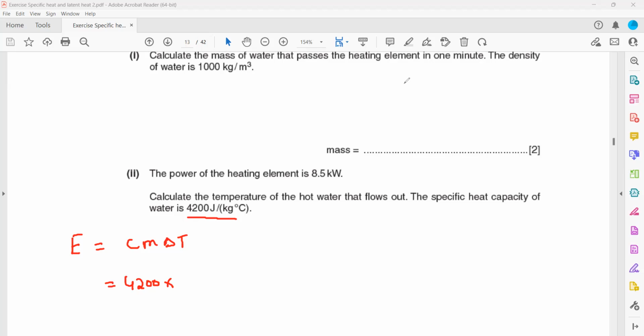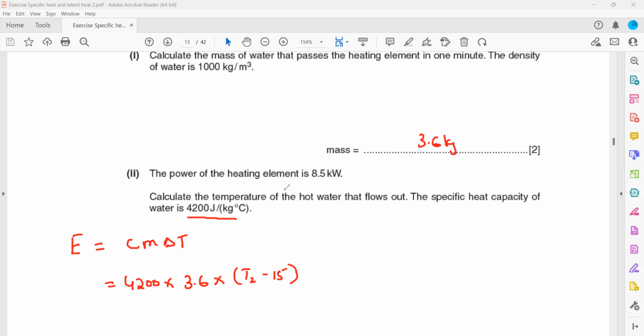The mass of the water, we already calculated, was 3.6. So it is 3.6 times the temperature change. The initial temperature is 15, so it is T2 minus 15. Because when it entered the heater, it was 15. When it leaves the heater, that is the final temperature we have to find.